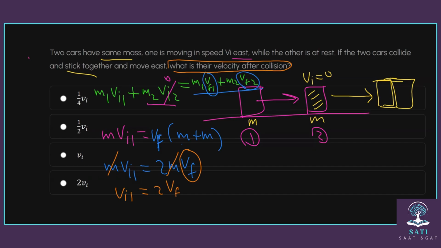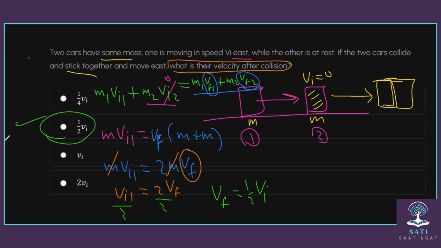I divide both sides by 2, so the final velocity equals half of the initial velocity. So you are going to choose B as the answer.